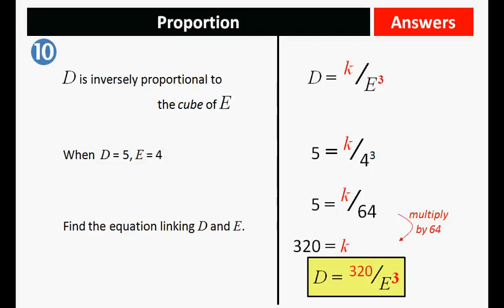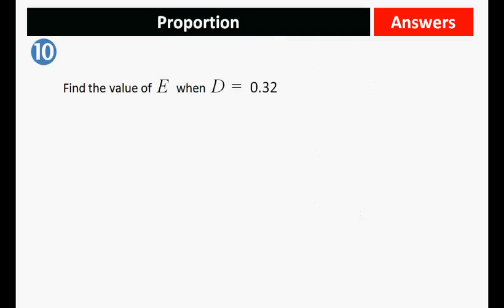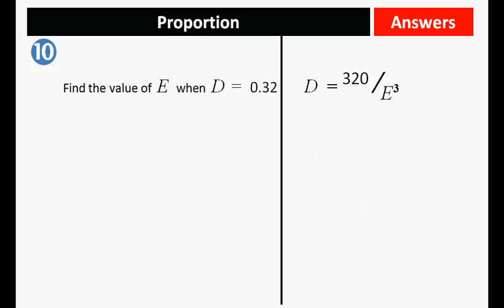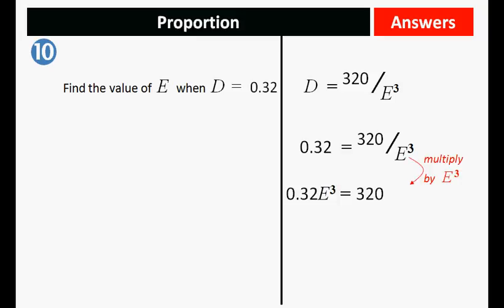And it says find the value of E when D equals 0.32. So we take the relationship between the two things that we've got, put in the fact that D is 0.32, and then try and rearrange that to figure out what E is. So we're going to multiply both sides by E cubed to get rid of the fraction, and we get 0.32 times E cubed equals 320.